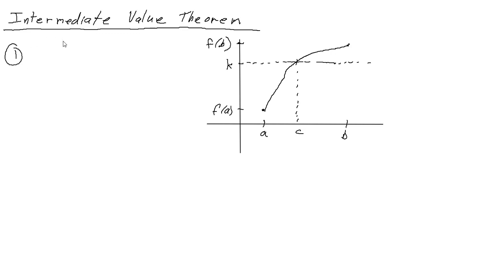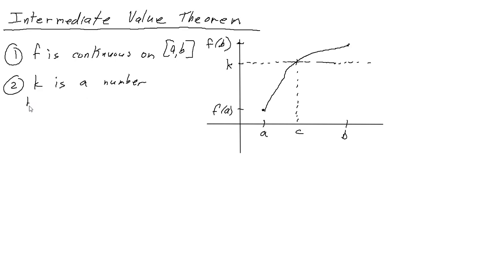So again, there's two conditions. First of all, f is continuous on a closed interval a, b, and secondly, k is a number between f of a and f of b.